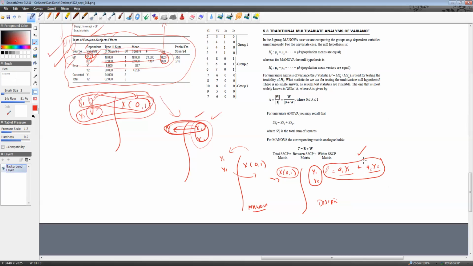I mean it provides maximum separation between these two groups right here. That's what's actually going on in the discriminant analysis: you're selecting scalars to weight that linear combination, and then it's reducing down to one thing, one linear combination.